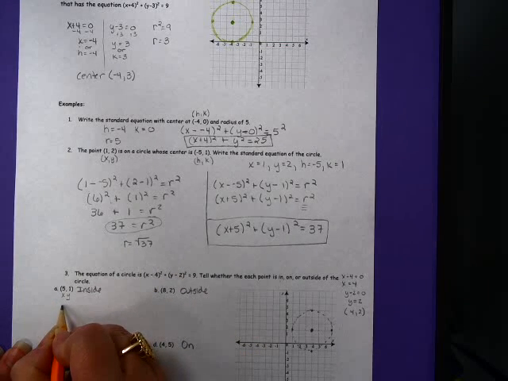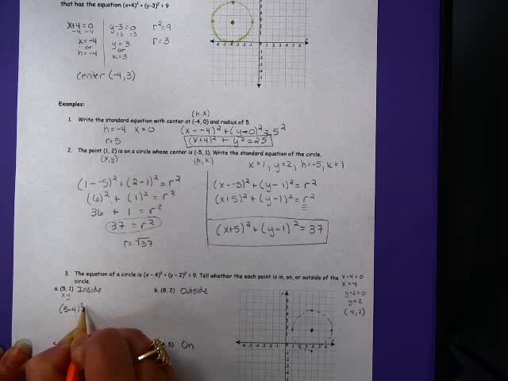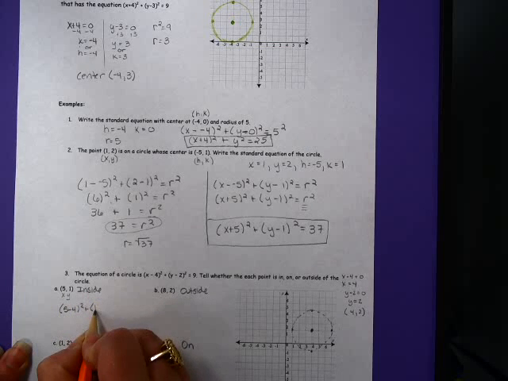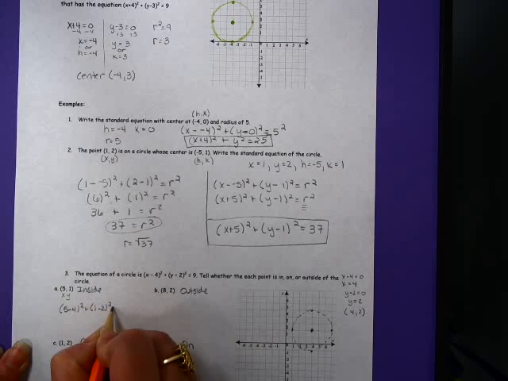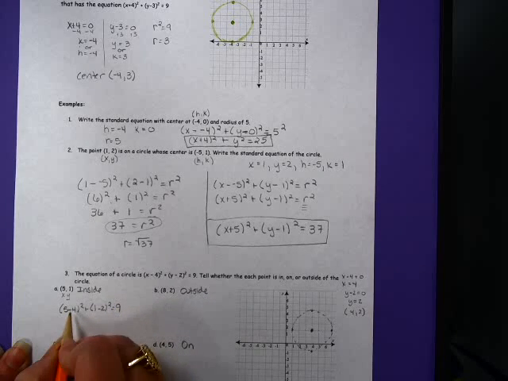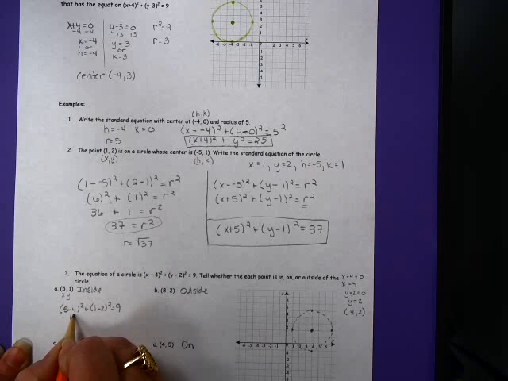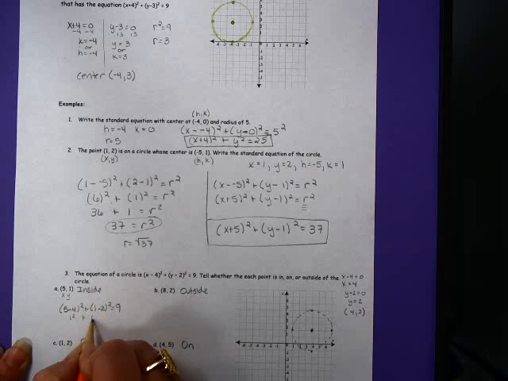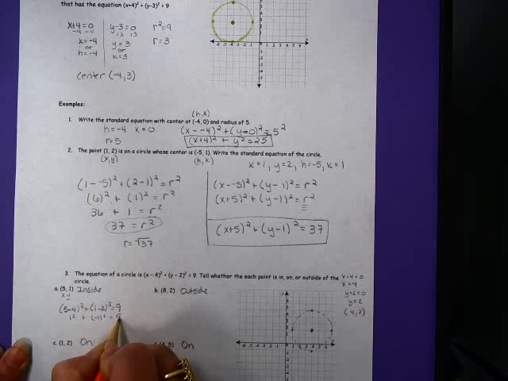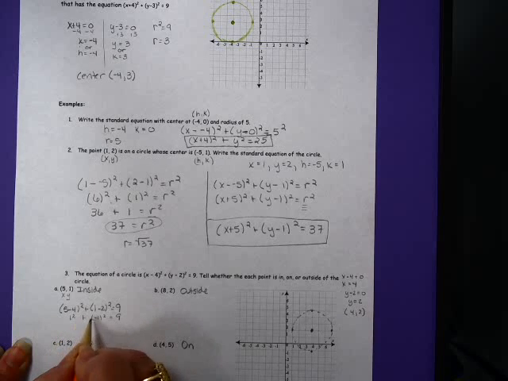Here I have 5 minus 4 squared plus 1 minus 2 squared equals 9. Here, that's going to be 1 squared plus negative 1 squared equals 9. And here, that's going to be 1 plus 1.